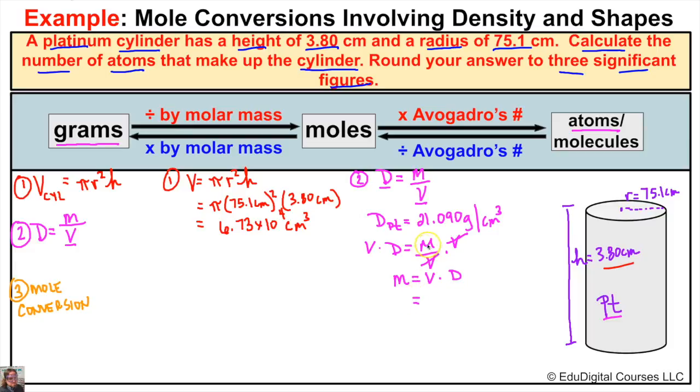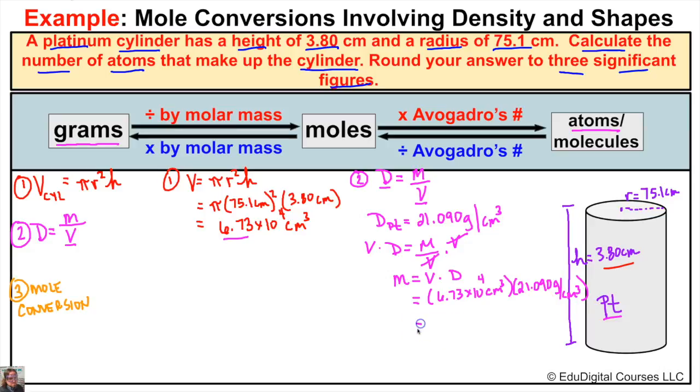So what is the volume of this platinum cylinder here? We just figured that out. It's 6.73 times 10 to the 4th cubic centimeters. And we're going to multiply this by the density, which we just figured out is right here, 21.090 grams per cubic centimeter.